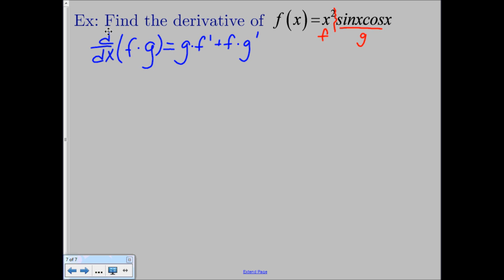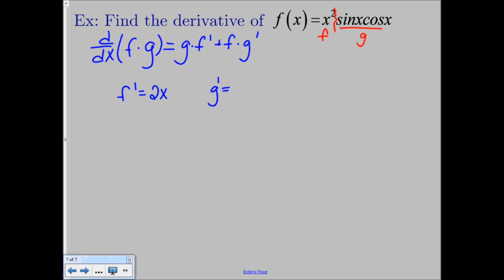So finding f prime is really easy because it's just x squared. So using our power rule we get 2x. But now we're going to do g prime. To do g prime, we have to take the derivative of sine of x times cosine of x.